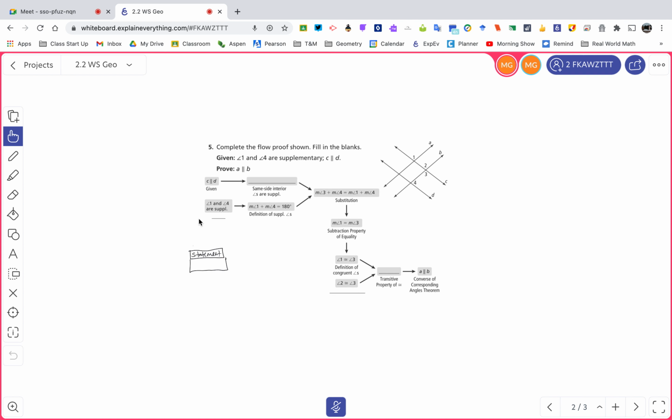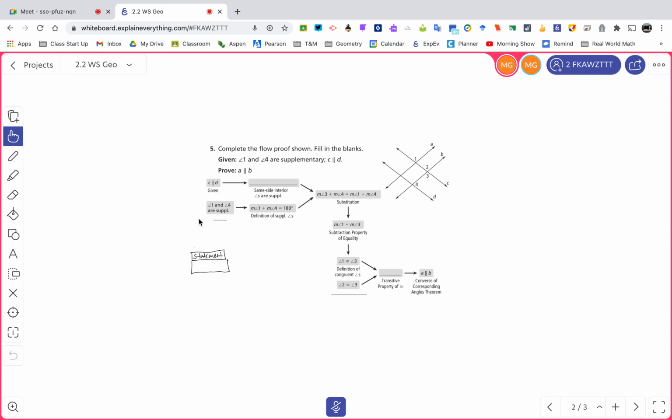I couldn't figure it out in my head. So we have statement and reason. You can see in this given, C is parallel to D because it is a given. That's our statement, and saying it's a given is the reason why we can put that statement there.